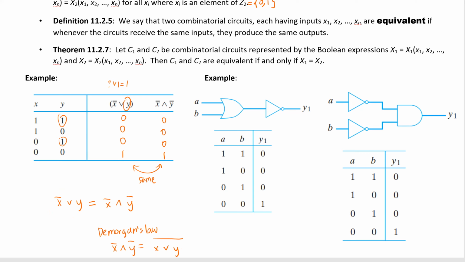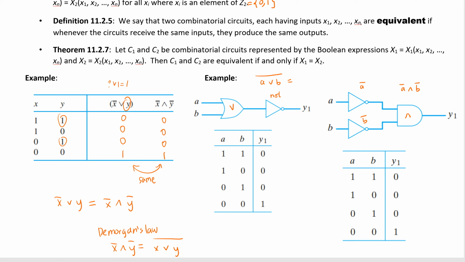Let's look at these two combinatorial circuits. The first one corresponds to or, and this is not. So this is A or B, and then we have not. And the second one, here we have A, B, because those are nots, and here we have and. So A bar and B bar.